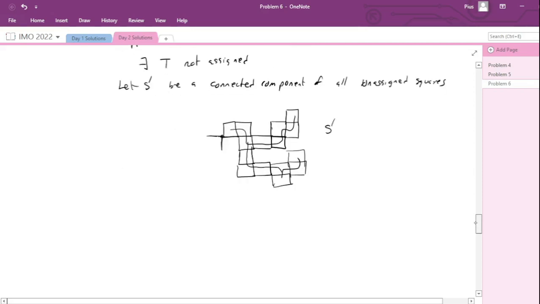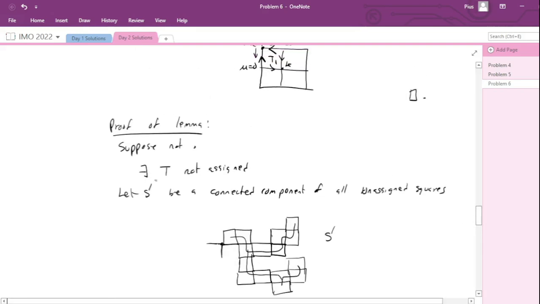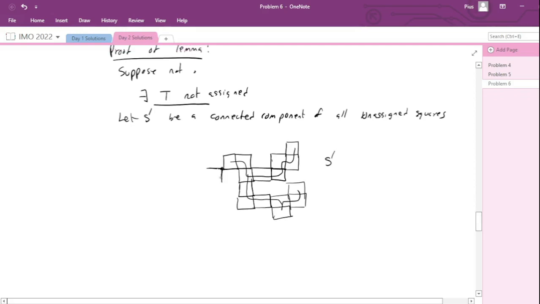So every element in S prime must have a neighbor that is side by side, except if it's isolated. Okay, so this will be our S prime. So this S prime only exists if we are assuming there's at least one t to start with, right? So we hope to get a contradiction that such an S prime should not exist.